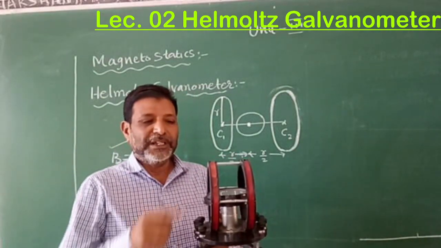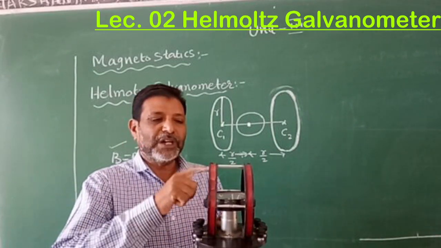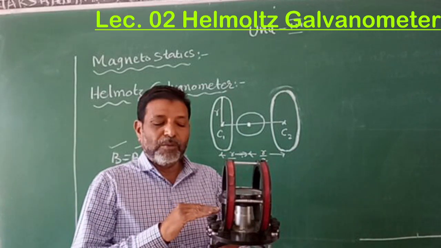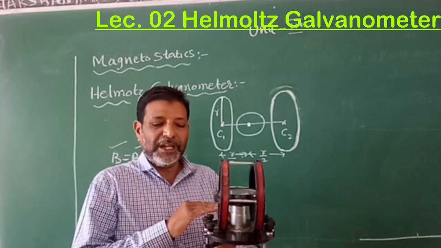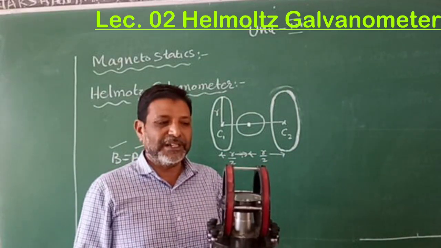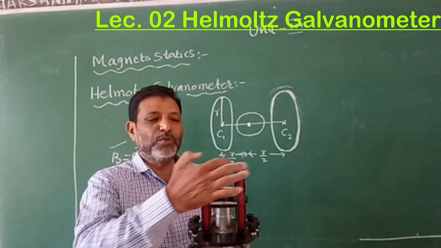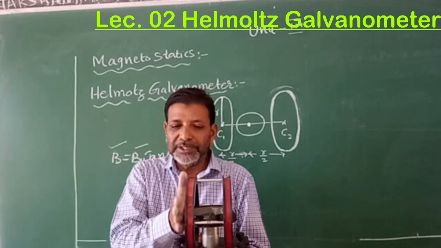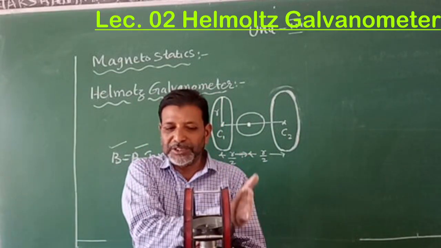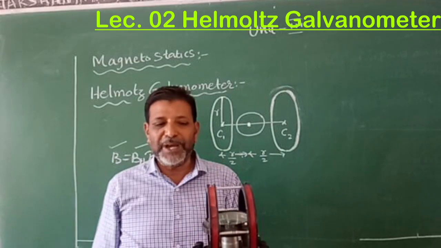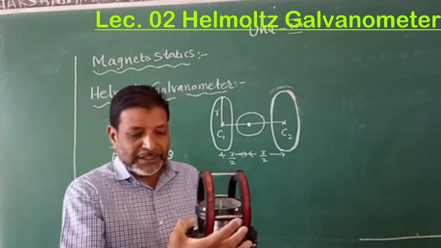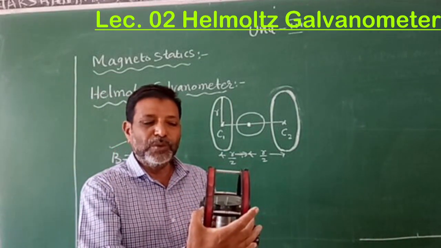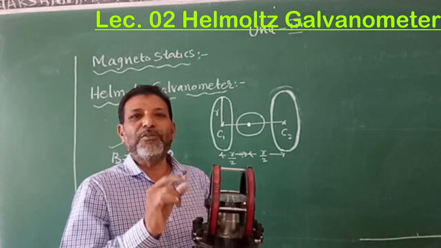You are observing that there are two circular coils, which are placed on a horizontal plane such that the planes of the two coils are parallel to each other. The distance between the two coils is equal to the radius of one of the coils.